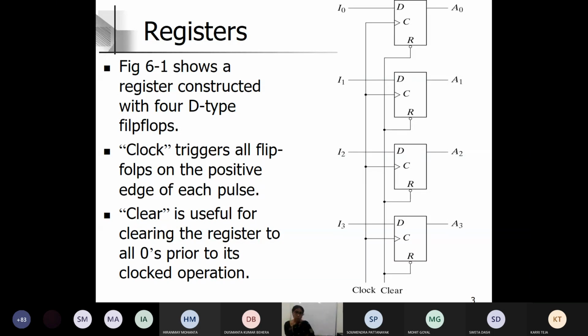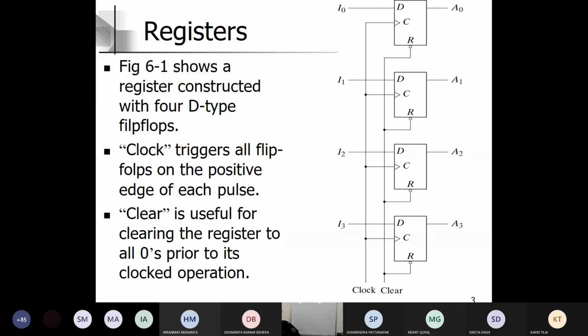What is the characteristic of a D flip-flop? It doesn't toggle. That means your information will not be changed, isn't it? So can I say a D flip-flop is the most suitable for a register? Because a register doesn't want the information to be varied. It has to take the same information and generate the same information at the output, isn't it?